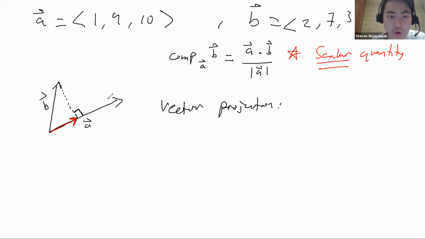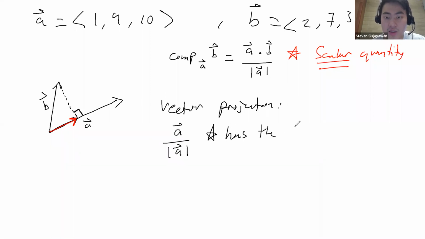Because what we can do is normalize A, right? In normalizing A, you get a unit vector that follows the same direction as A. So by normalizing A, we get A all over the magnitude of A, which is a vector with unit length of 1. But the most important thing to note is that this has the same direction as A, and that's basically what you want first.